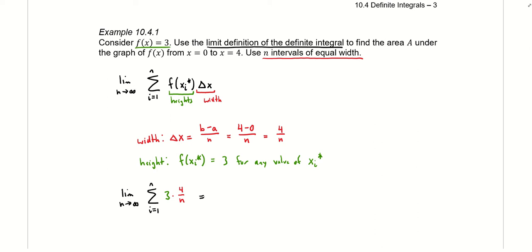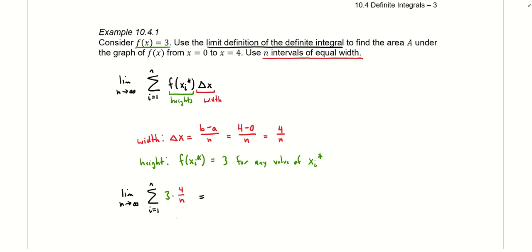Okay, so what am I going to do with this? So I'm taking a limit of a sum. That seems kind of weird. So let's see if I can simplify the sum a little bit. So I've got 4 over n. I can think of that as just a number involving n. So what I'm going to try to do is take that out of my sum.